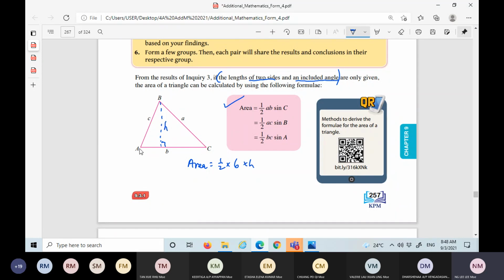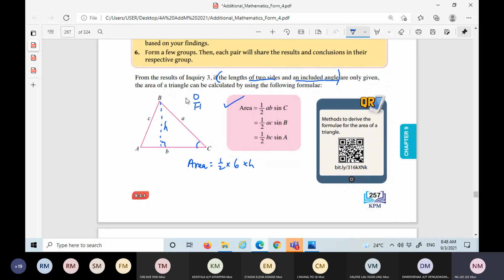If I make B the base of the triangle, the height and the base must make 90 degrees. For this height, let's say I have this angle. I want to relate this angle with the H and the A here. So this is opposite and this is hypotenuse, O and H.